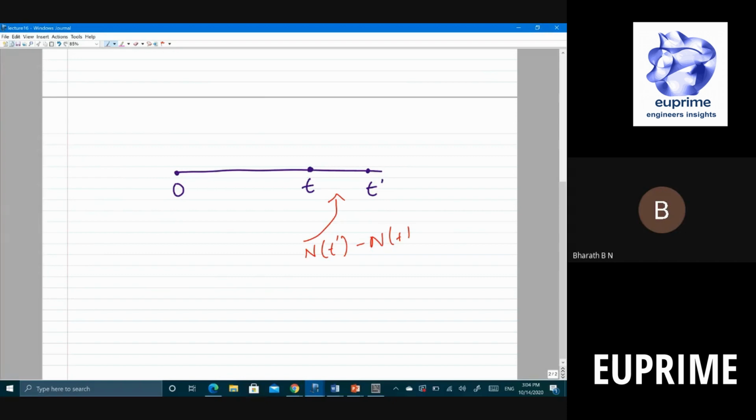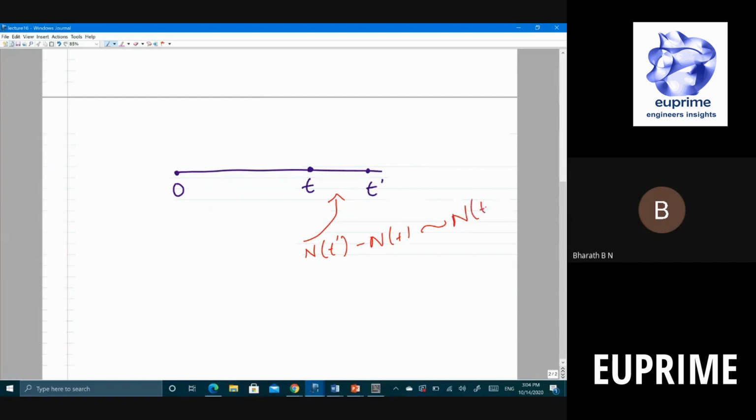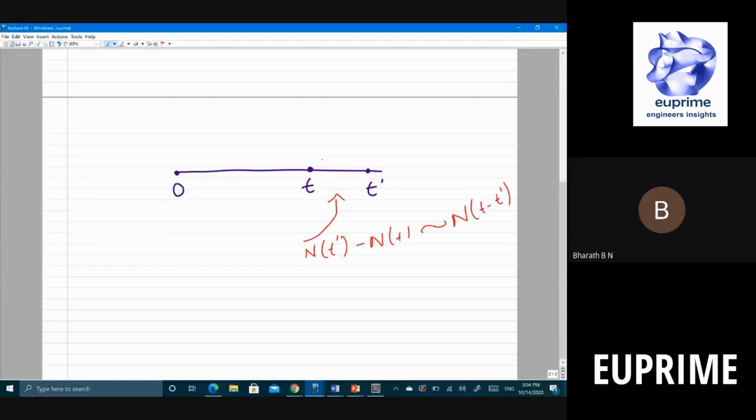The difference tells me how many people arrived in the interval t to t'. The definition says this difference should be the same as N(t' minus t), so only the interval length t' minus t matters.